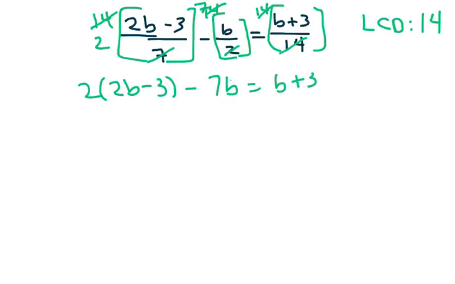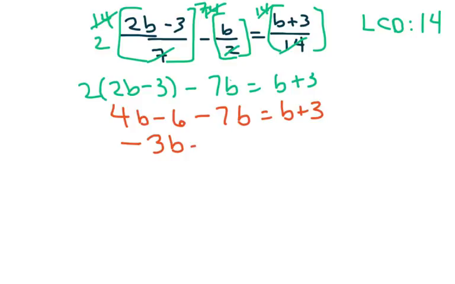Now I'm going to simplify. You get 4b minus 6 minus 7b equals b plus 3. I'm going to simplify the left side. I'm going to get negative 3b minus 6 equals b plus 3.